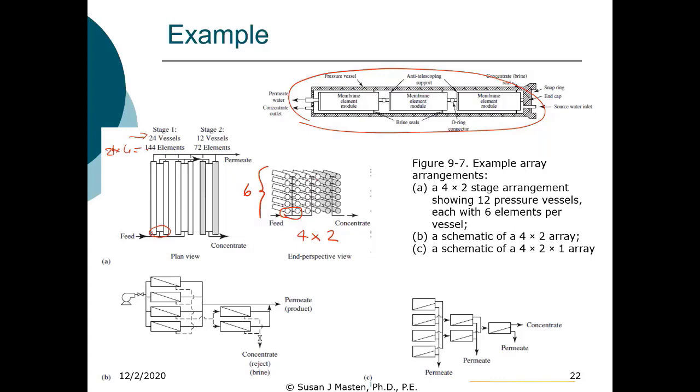So there's 144 membrane elements in stage 1. And then stage 2 has 12 vessels. So we have 2 banks, each with 6 pressure vessels. Again, we have 12 vessels. We have 6 elements per vessel, and that gives us the 72 elements.